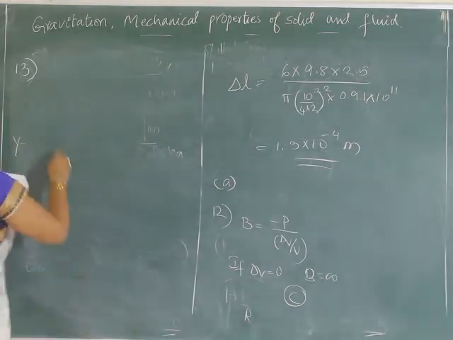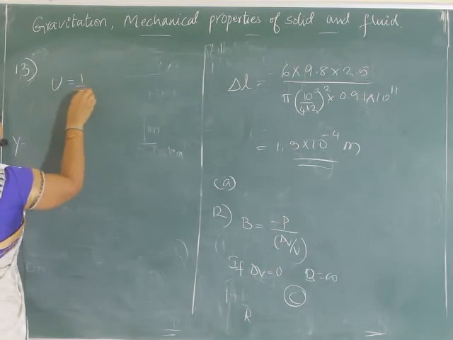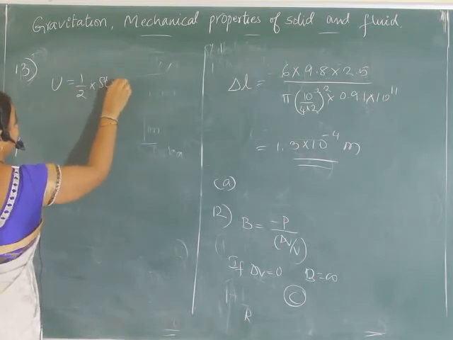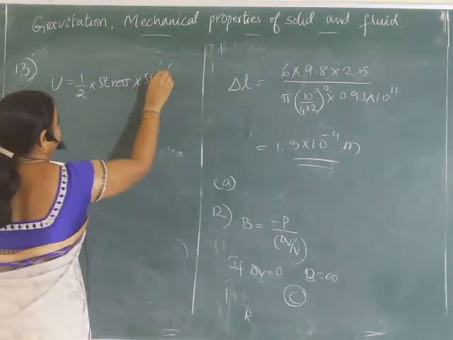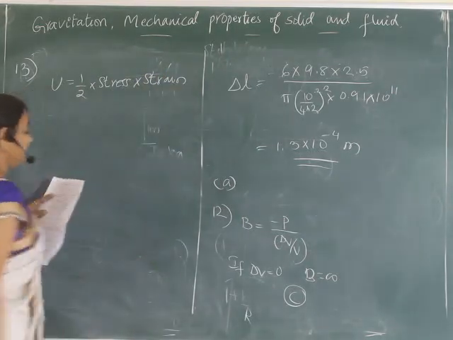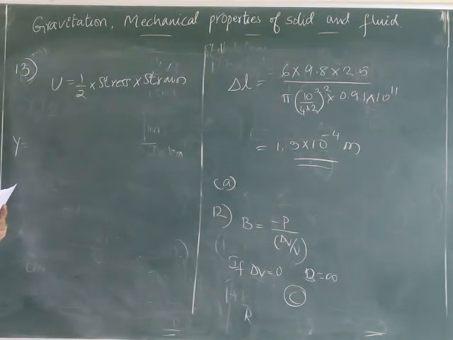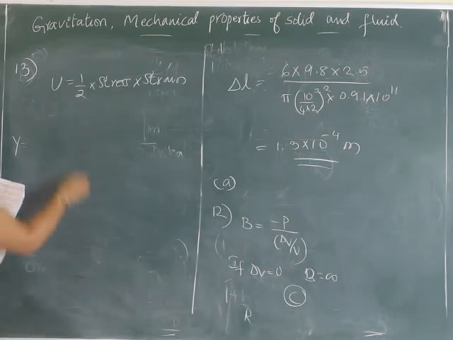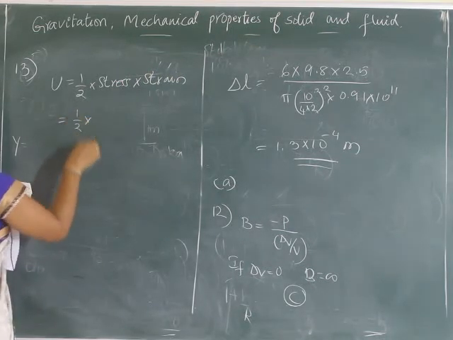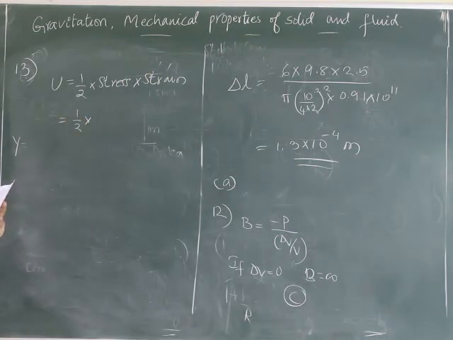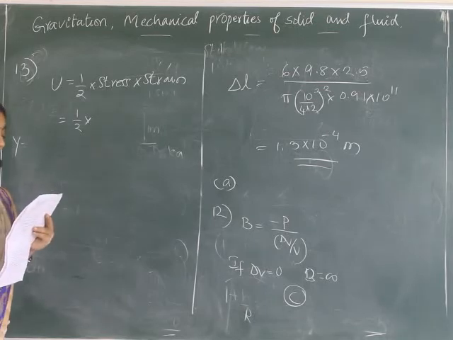So energy is nothing but half into stress into strain. We know this formula. By using this formula, what formula can we say? Half into stress into strain. Can I go to the formula of Young's modulus, because they have already given you the value of Young's modulus.